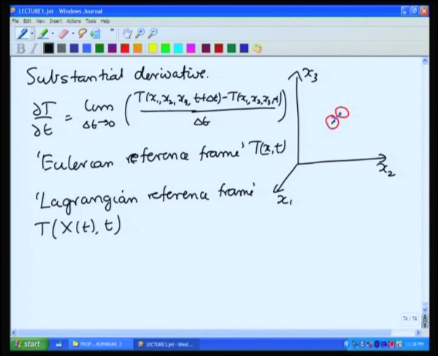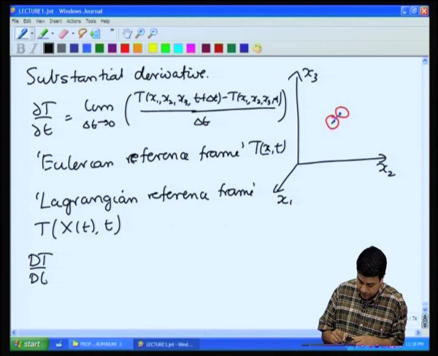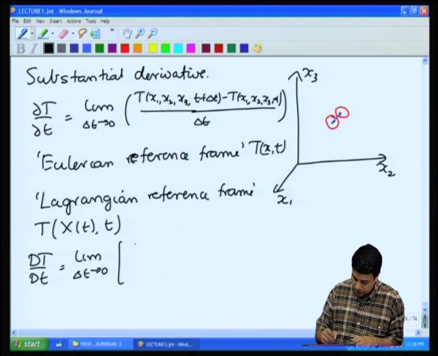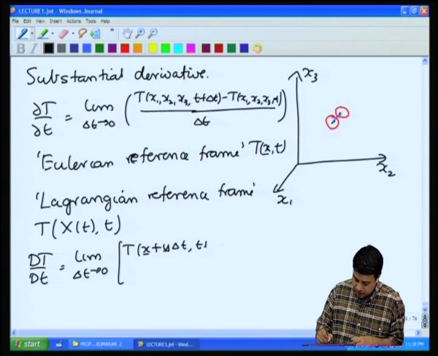So, that is how the substantial derivative is defined. Okay. So, let us look at that. Okay. It is usually written as DT by Dt. Okay. It is equal to the limit as delta t goes to 0 of T at x plus u delta t, t plus delta t, minus T at x, t.